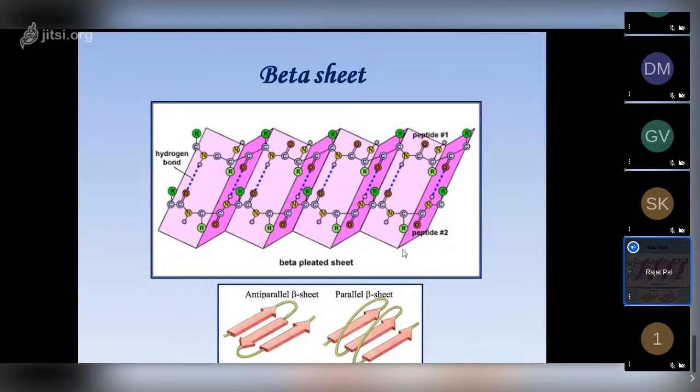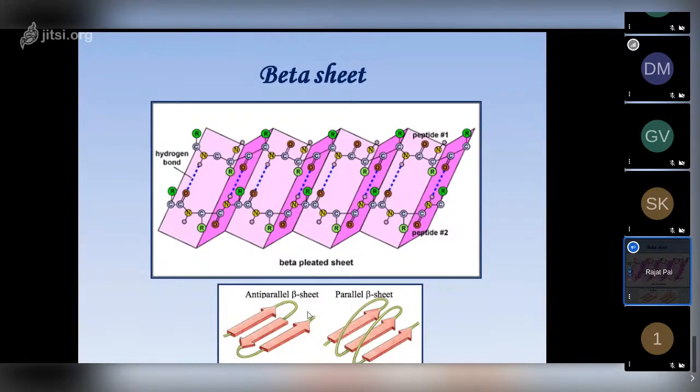The beta sheet actually looks like that. This is one polypeptide chain, and this is another polypeptide chain, and among them there are hydrogen bonds again. These hydrogen bonds are very important to make this secondary structure in the protein molecule.